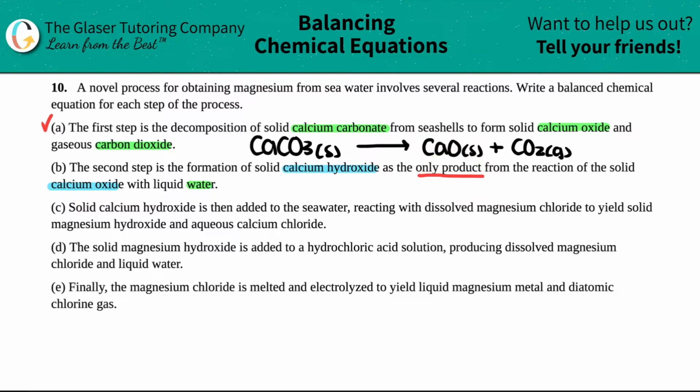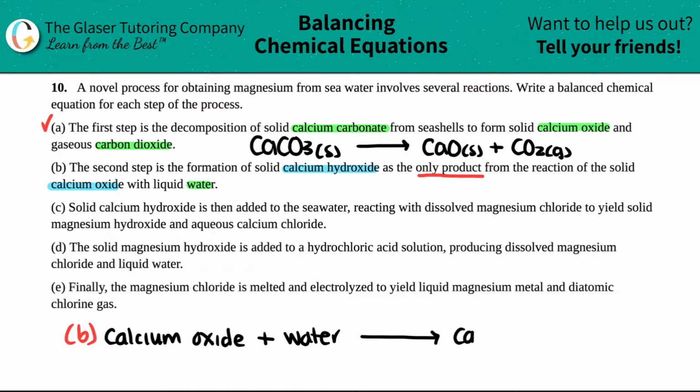That's the only product. So for B, I know that I have to have calcium oxide plus water, and that will yield or produce or form calcium hydroxide as the only product.